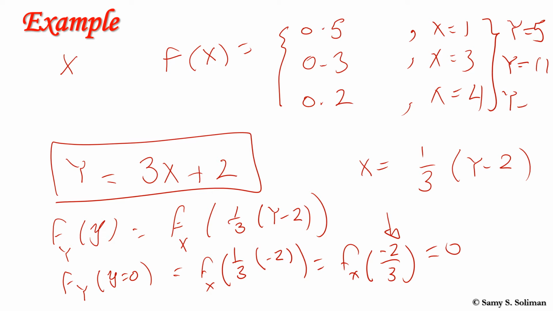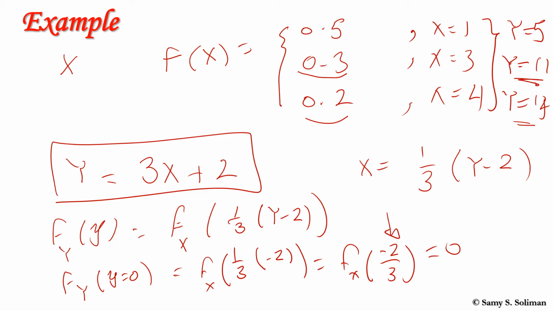And for x equal 4, the corresponding value of y is 12 plus 2 equals 14. So we can say that the PMF of y is such that the probability that y equals 5 is 0.5, the probability that y equals 11 is 0.3, and the probability that y equals 14 is 0.2. And for any other value of y, the PMF will be equal to 0.